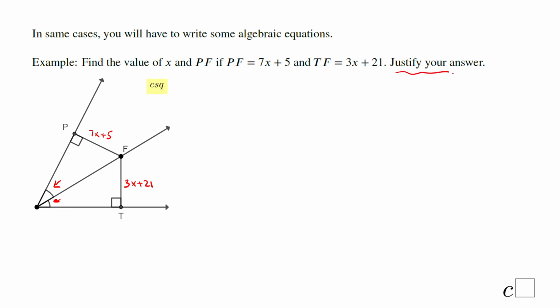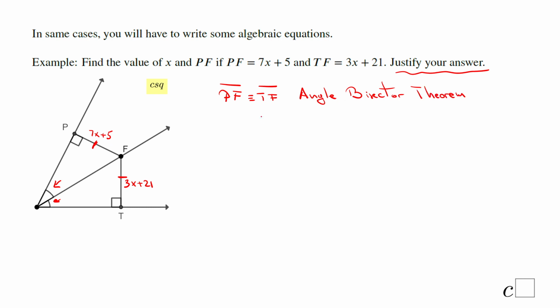Now we justify our answer by the theorem that says if we have an angle bisector, then every single point on that angle bisector is equidistant from the sides of the angle. So now we know PF is congruent to TF based on the angle bisector theorem.